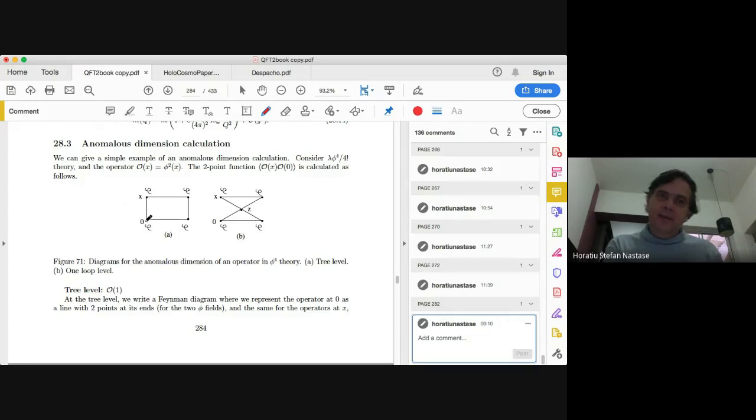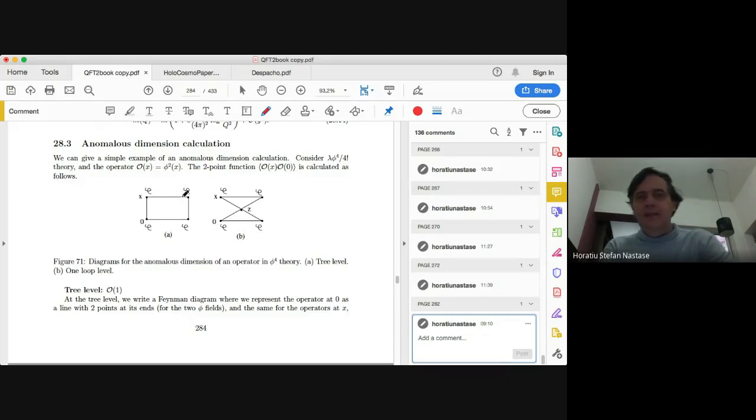So we write a phi at a point on the sheet, and another phi at another point on the sheet. But we represent this line as the operator O being at 0.